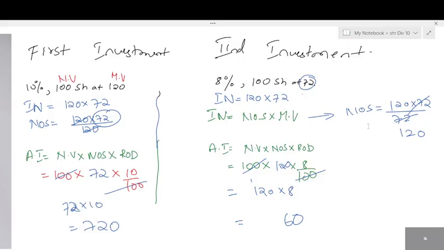Why the second investment, Naomi? What's the annual income you got for the second investment?